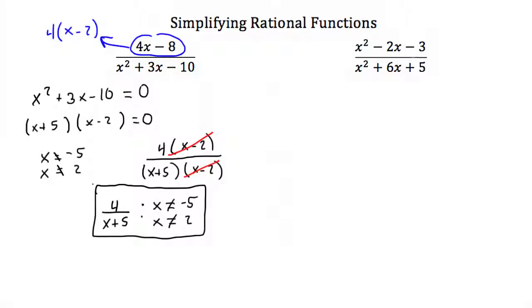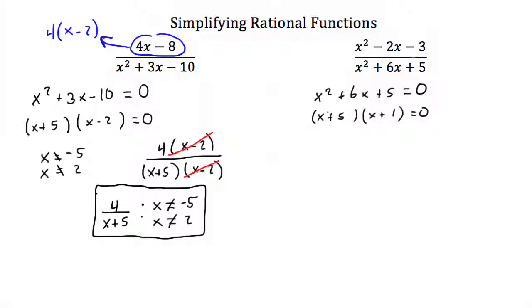Let's try this again. Here we have x squared minus 2x minus 3 over x squared plus 6x plus 5. Now the first thing I'm going to do is look for excluded values. So I'm going to take this x squared plus 6x plus 5 and set it equal to 0. Again, I can factor this quadratic into x plus 5 and x plus 1.